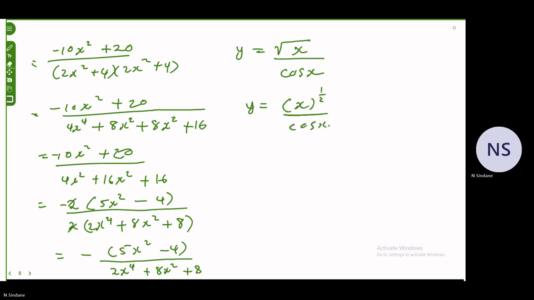Then differentiating, dy over dx is equal to cos of x into 1 over 2 x to the power negative 1 over 2, minus x to the power half, negative sine of x.